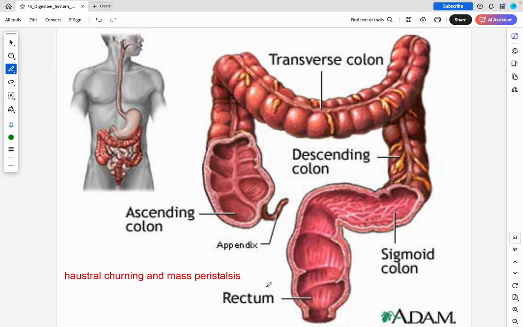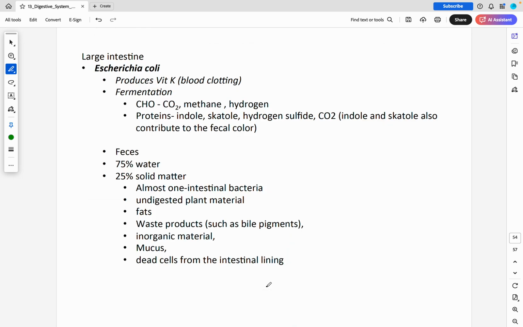Right, so the same processes happen. There's movement facilitated by churning and peristalsis in the large intestine, allowing for the transport of food material for reabsorption of water and for further breakdown to maximize nutrient acquisition. In the large intestine, some specific bacteria can be found.